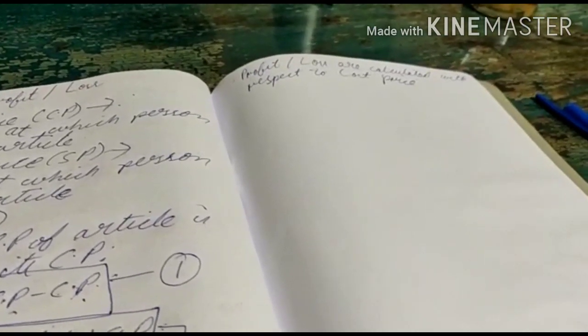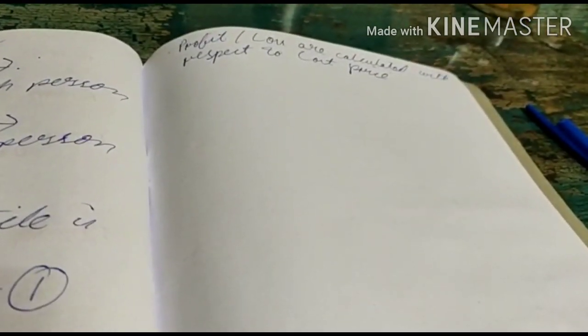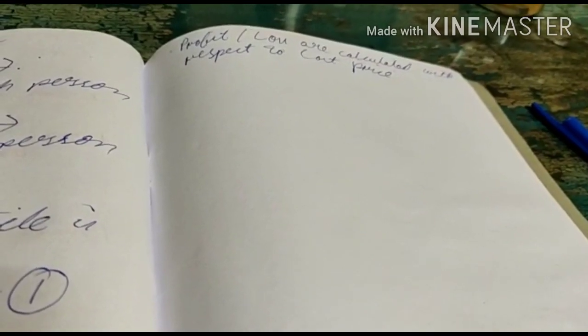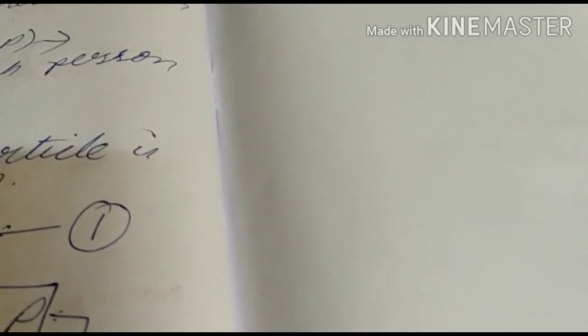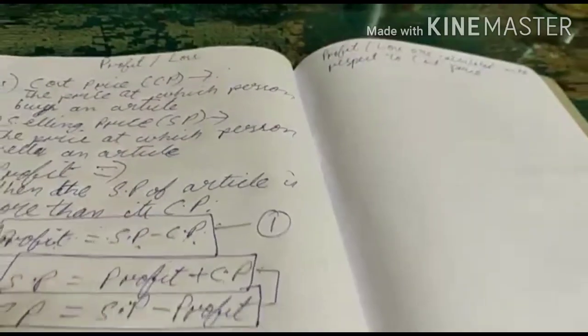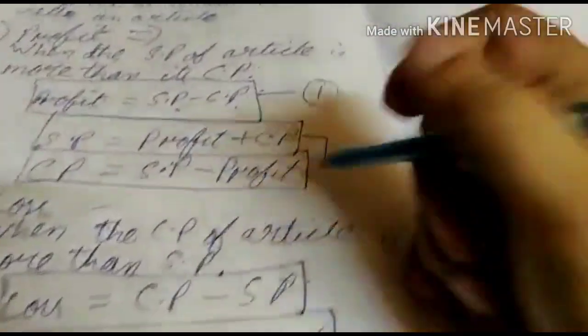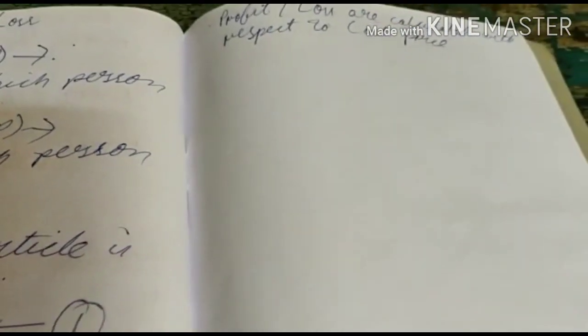In the same way, you bought a pen for rupees 4 and sold it for rupees 3. The profit or loss you are gaining or losing is with respect to the amount you invested. In this case you invested your cost price, and on cost price you calculated the loss or profit.